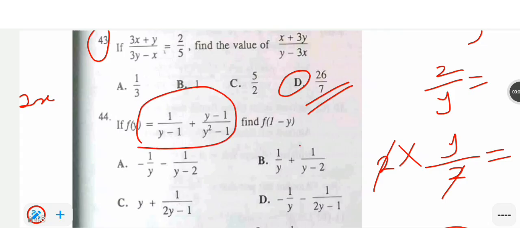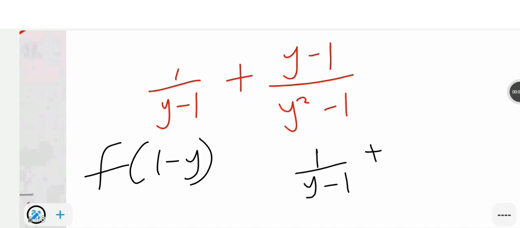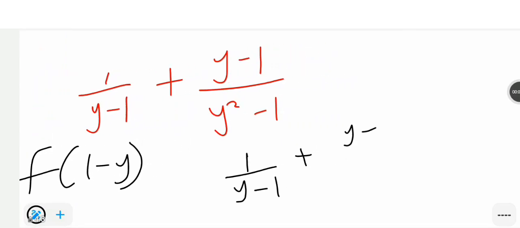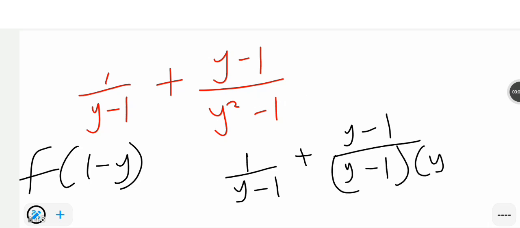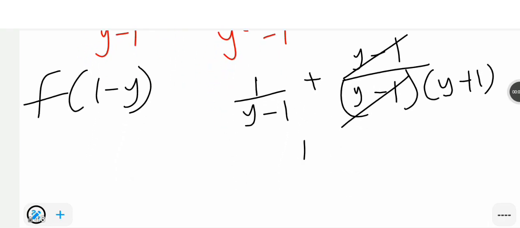Break it down before you substitute the value. So you have 1 over y minus 1 plus y minus 1 over, you do your difference of two squares here. So these two will cancel out.